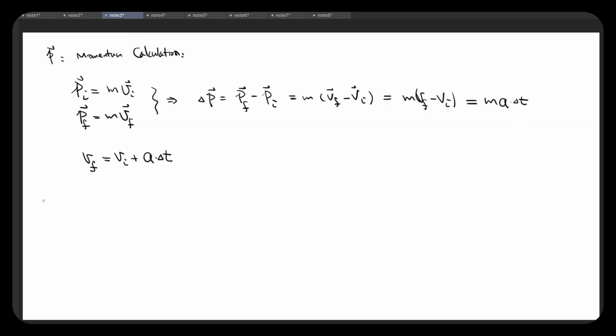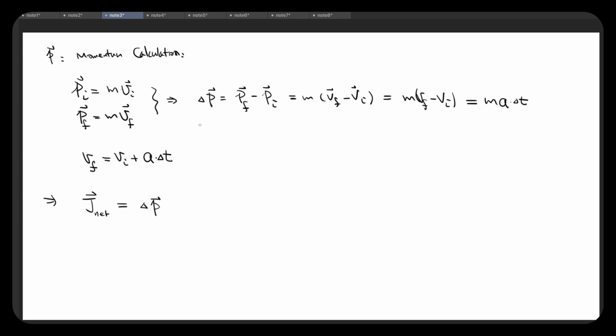Therefore we can say the net impulse equals the momentum change. All right, so that's about the momentum definition and how we can use this new definition to reformulate Newton's second law and then get a new law.